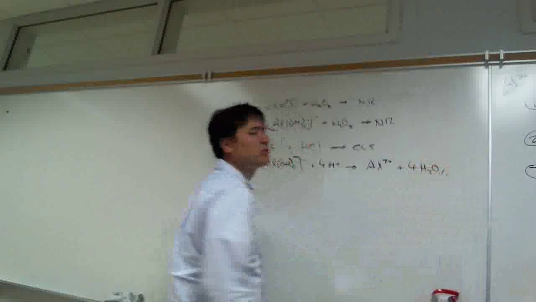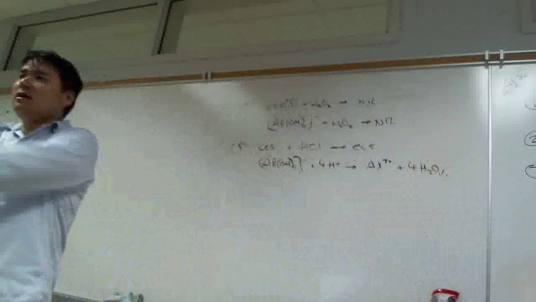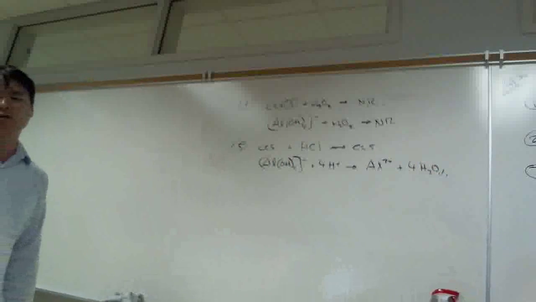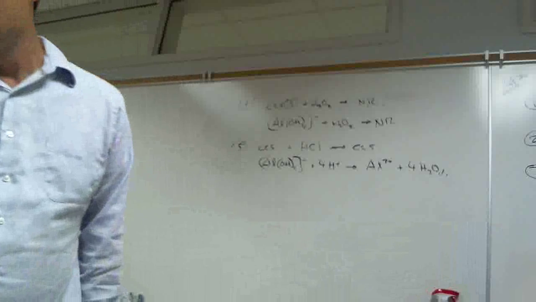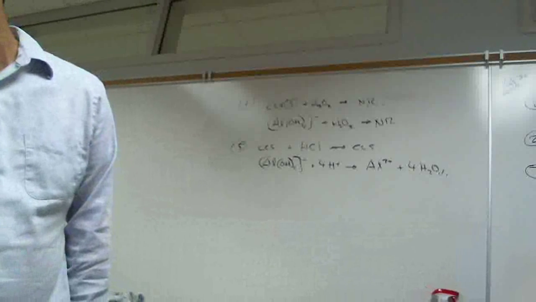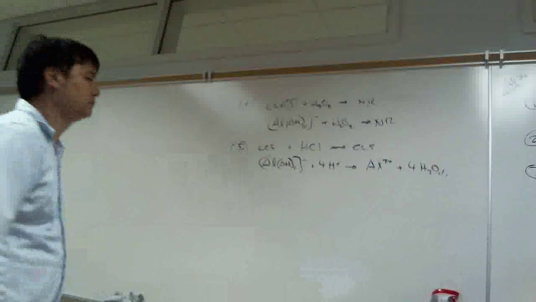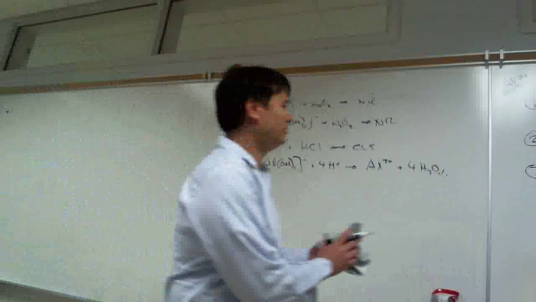And so pretty much we're going to destroy the hydroxyl ligands, and then we're going to convert the hydroxyl complex into an aqua complex. So the HCl. And then we add some ammonia in the next step.